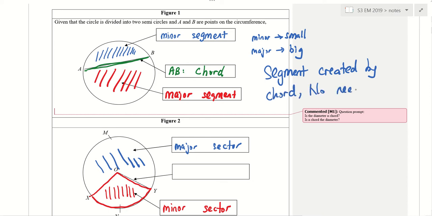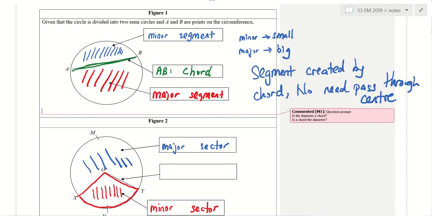No need to pass through the center of the circle. Let me do an illustration here with a pen. If I were to draw a line here, then this one is a segment. Where's the center? The center is somewhere in the middle. So for a segment, no need.